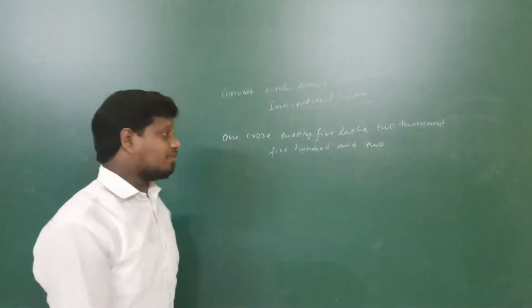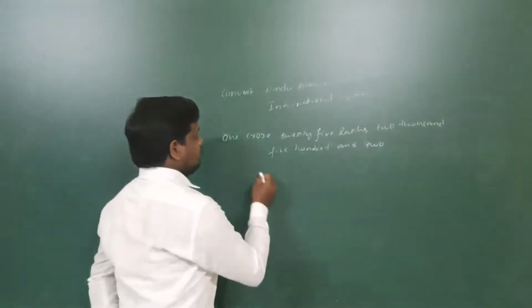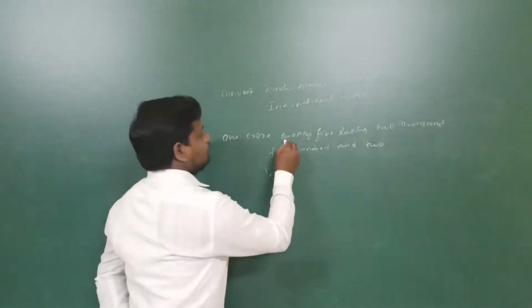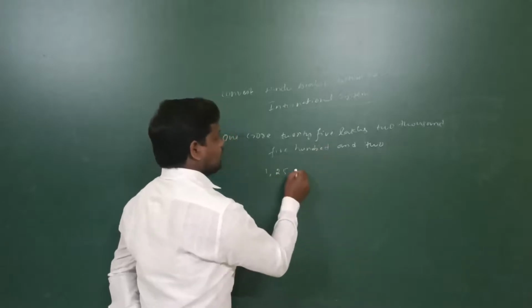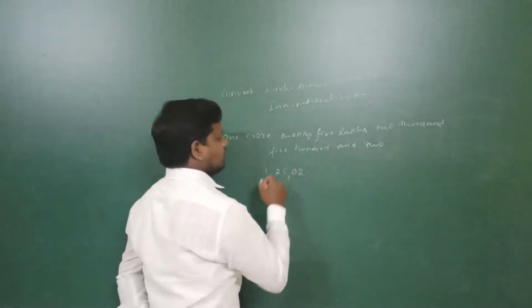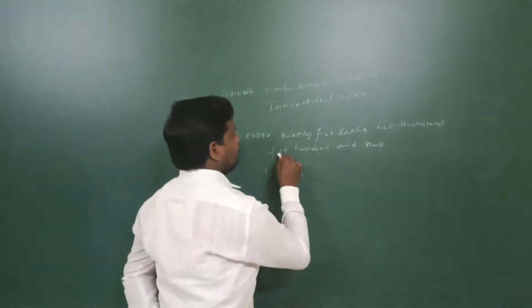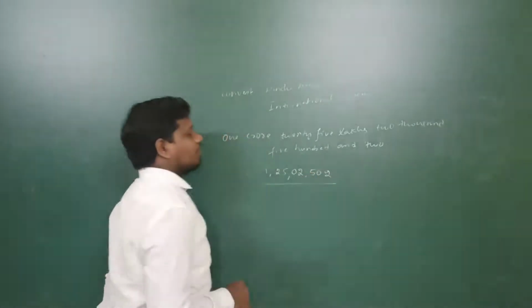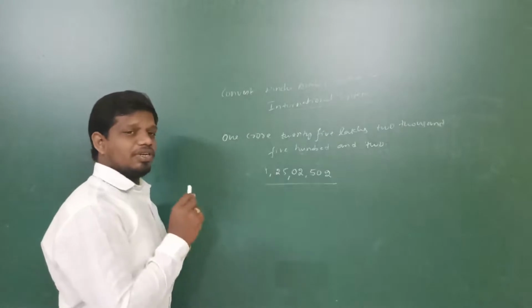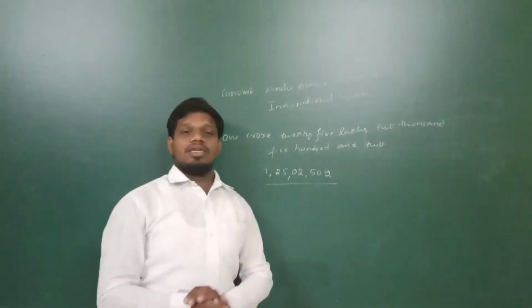So how can we convert? 1 crore 25 lakhs, 2000, so the thousands place is 0, and 502. So this is the number. This number we are going to convert into the international system.